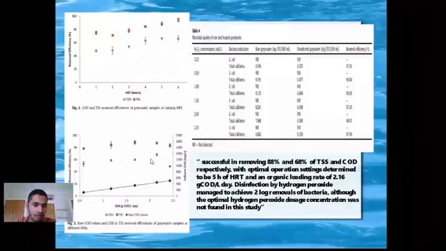The same goes for the ORL, the organic loading rate. It shows a very even efficiency of COD removal irrespective of the load.